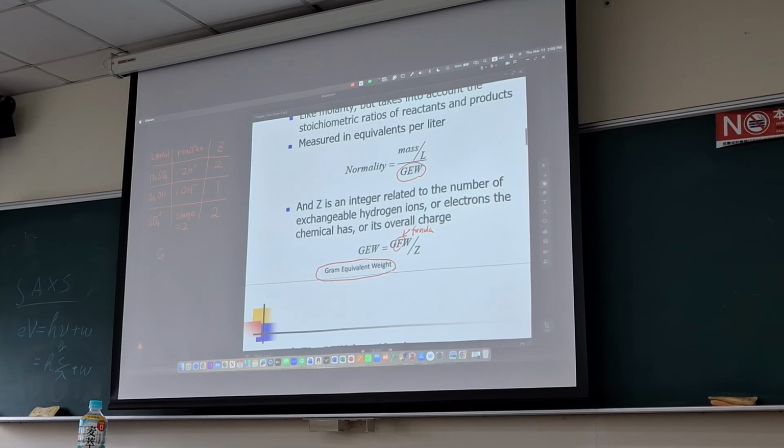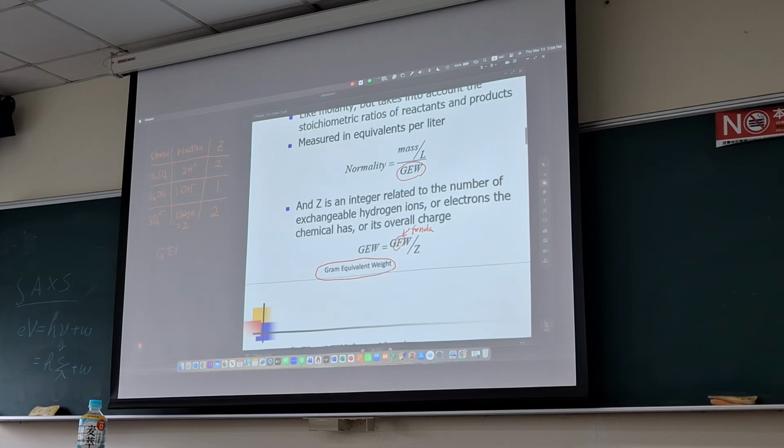In this case, the GEW of sulfuric acid equals 98, the molecular weight of sulfuric acid, divided by 2, so equal to 49.